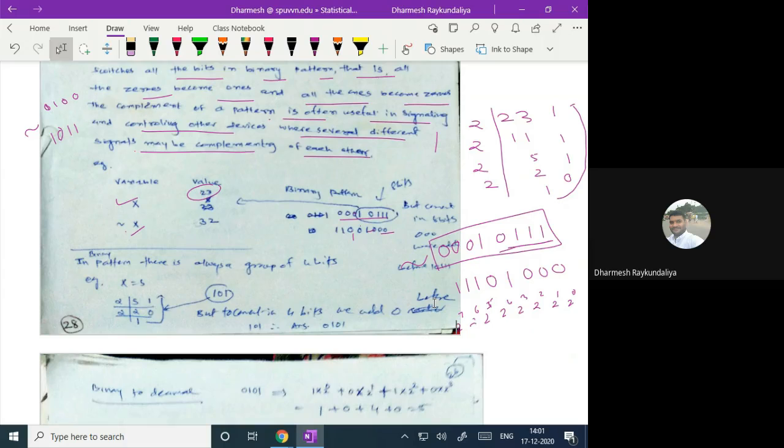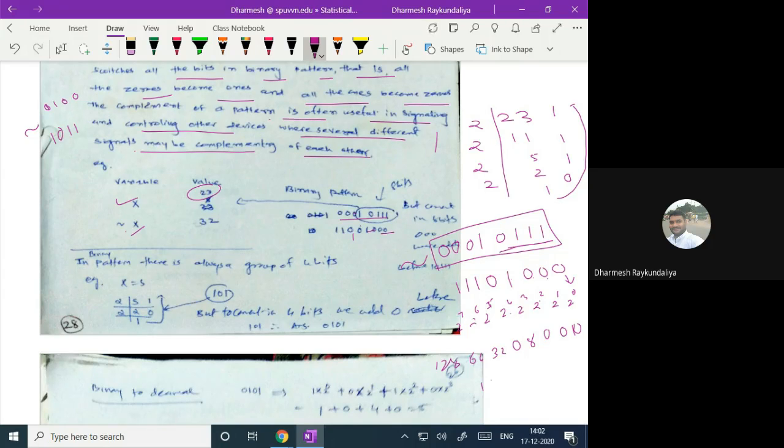Let us verify. 0 into 2 raised to 0 is 0. Then 0 into 2 raised to 1 is 0. 0 into 2 raised to 2 is 0. 1 into 2 raised to 3 is 8. 0 into this is 0. 1 into 2 raised to 5 is 32. 1 into 2 raised to 6 is 64, and this is 128.